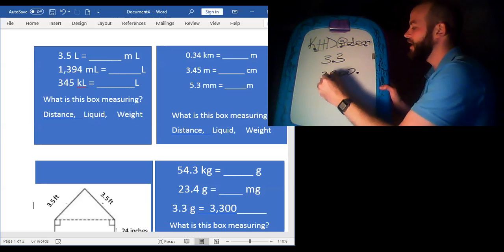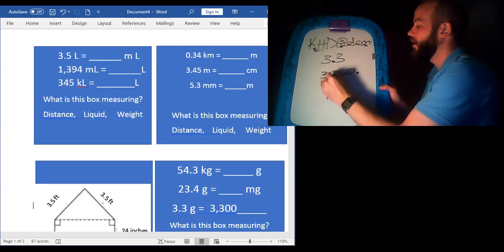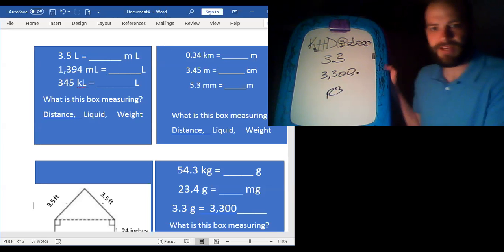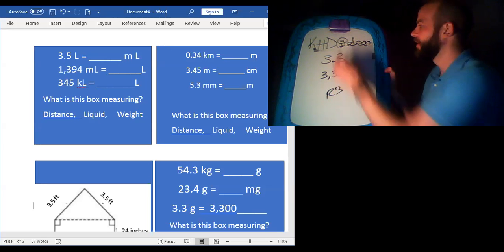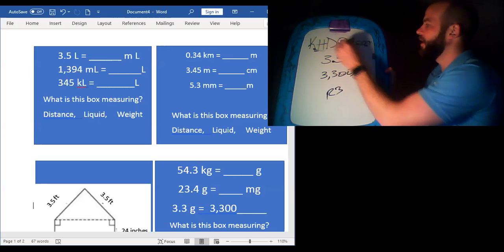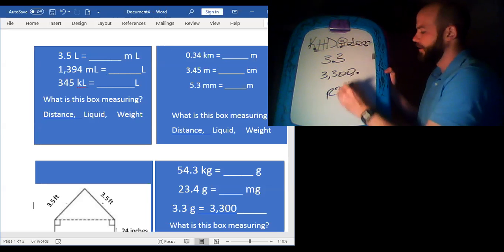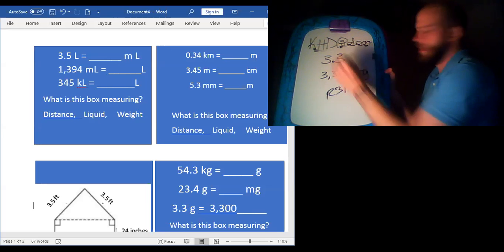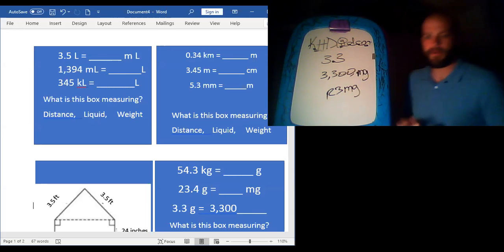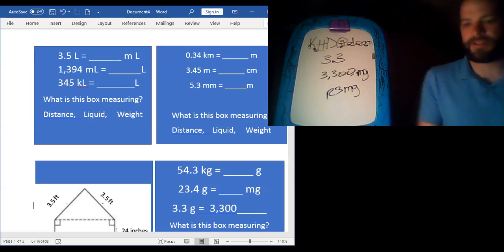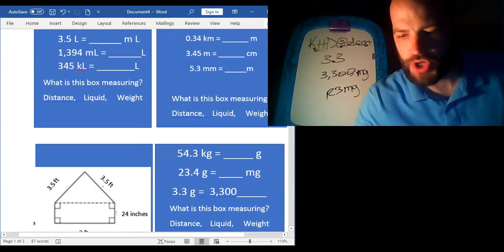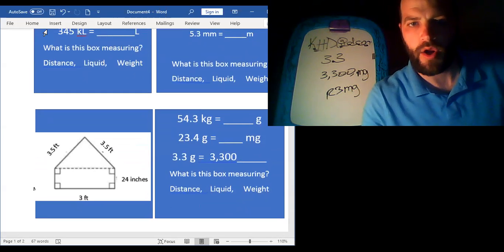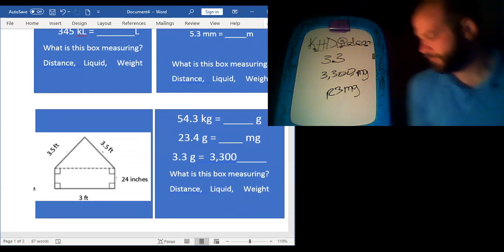So it's pushing a decimal right 1, 2, 3. So if we started at grams, what pushes it right? Milligrams. All right. What's that measuring? Weight. Grams are.